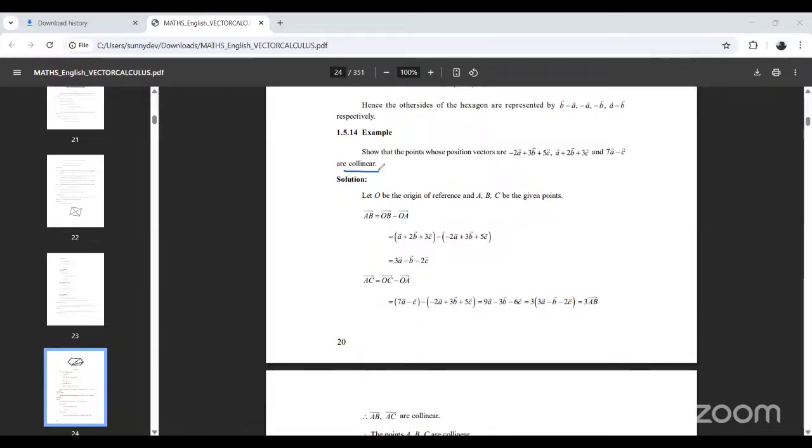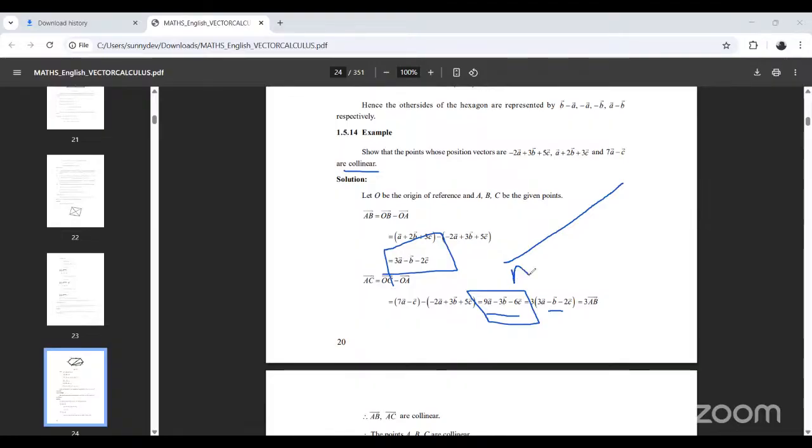And AC is what? OC minus OA. So we find AC. So let us observe here AB and this AC. If you take 3 common, we are getting 3A minus B minus 2C. So this is nothing but 3 AB. So the figure will be like this.